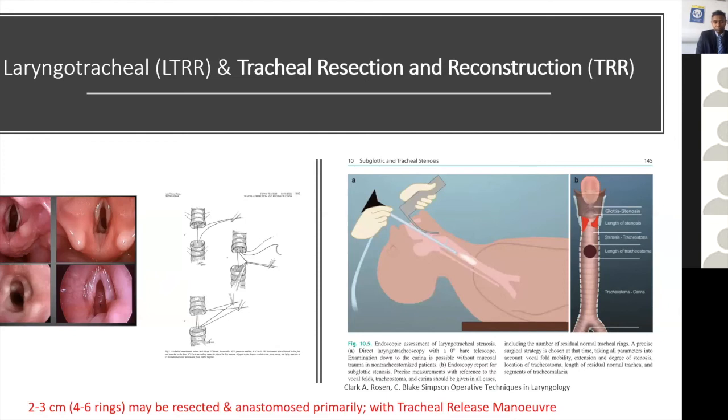If you want to do anything more than that, it is necessary to do other procedures, such as suprahyoid and infrahyoid release to allow the larynx to come down, and also thoracic procedures to pull the trachea up. This is for high tracheal stenosis management.